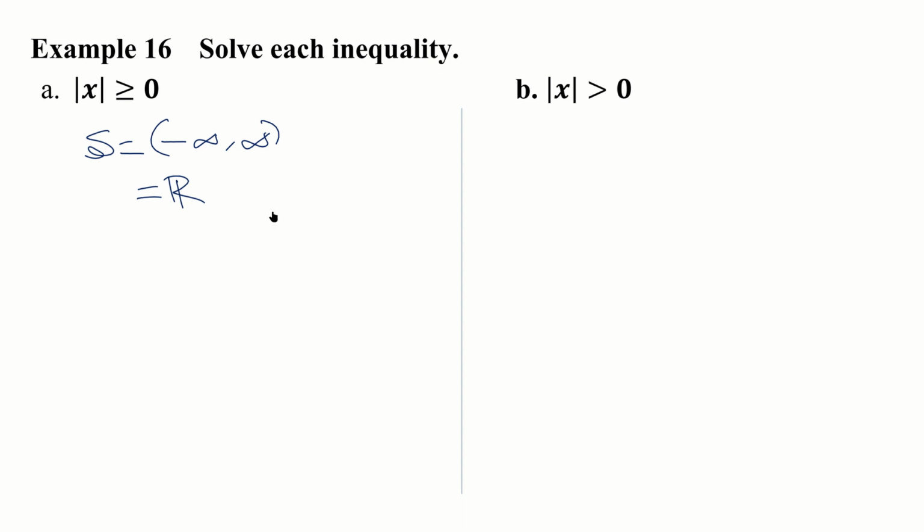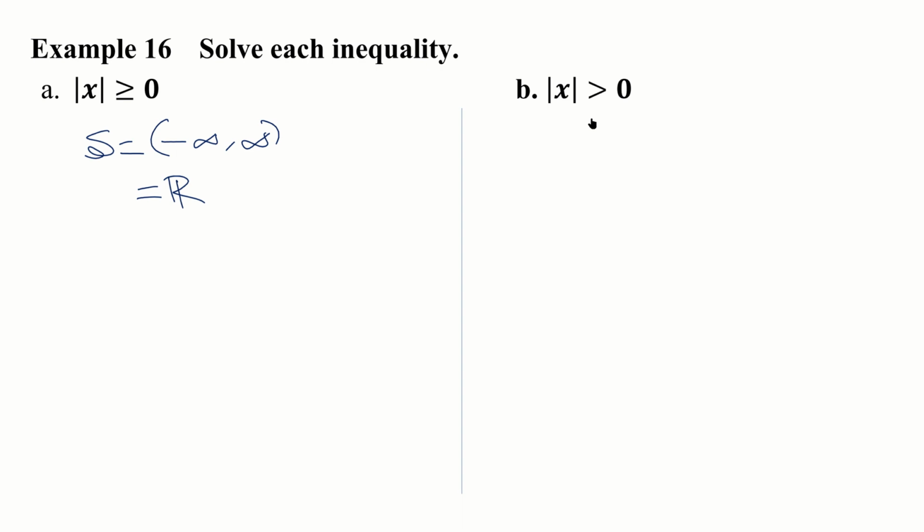What about this one? I'm going to want you to pause and think about this one for a minute, because it's a little bit different from this, but it's not that different, so think about it. This time we're looking for only numbers whose distance from 0 is strictly positive. Well, that's true for all numbers, right? Except what?